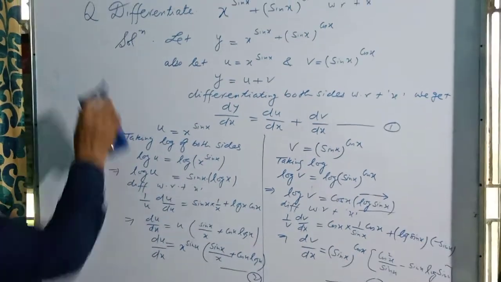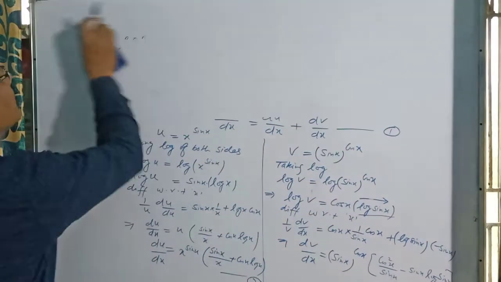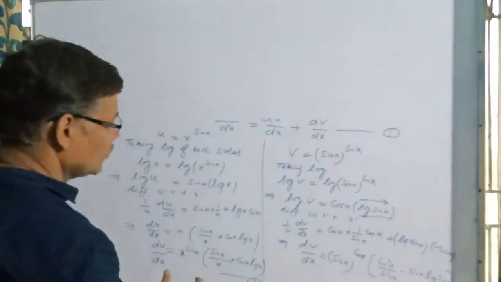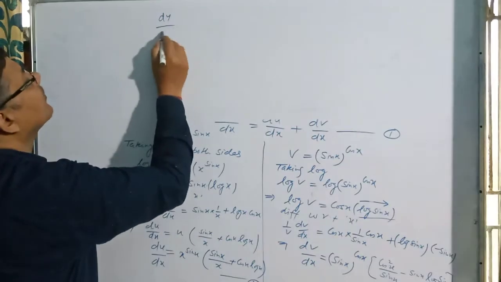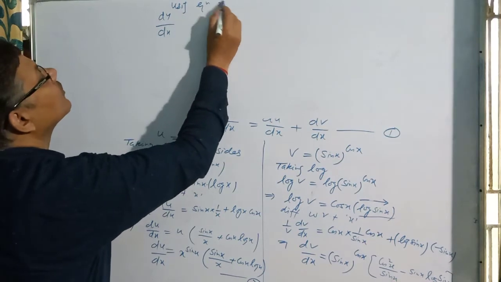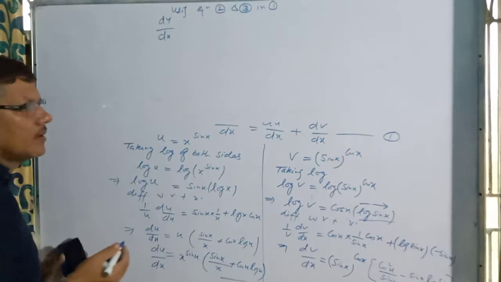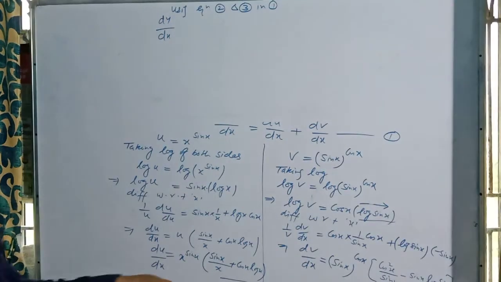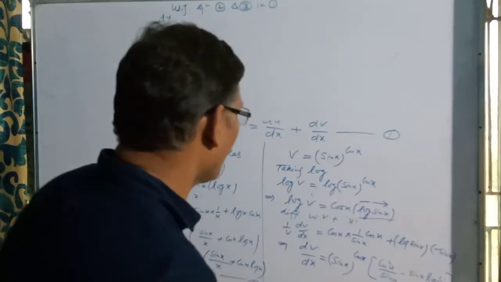Just put the values of du by dx and dv by dx from equations 2 and 3 in equation 1. We wish to use equation number 2 and equation number 3 in equation number 1.